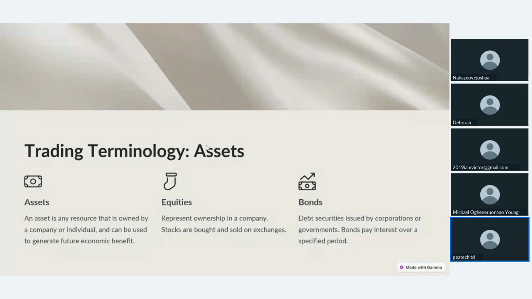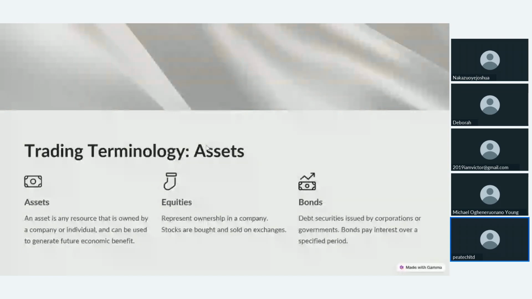Then we have equities. Equity represents ownership in a company, right? So if I want to trade on maybe Meta, and I buy some shares from Meta, now I have equity in Meta.